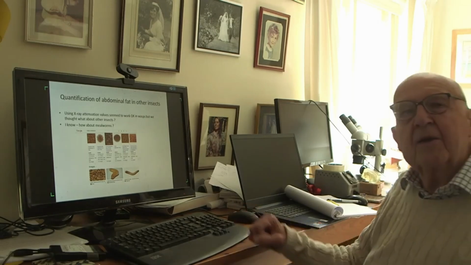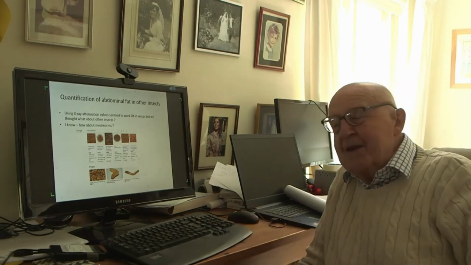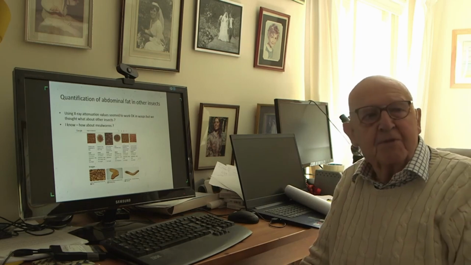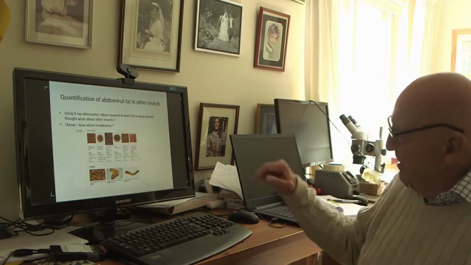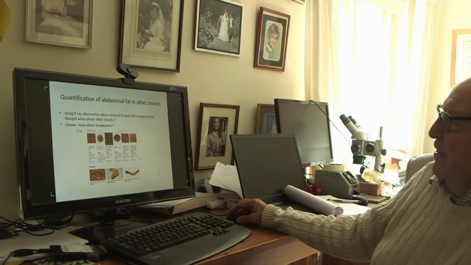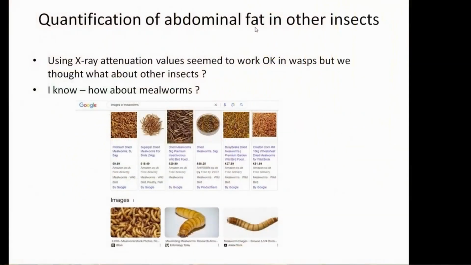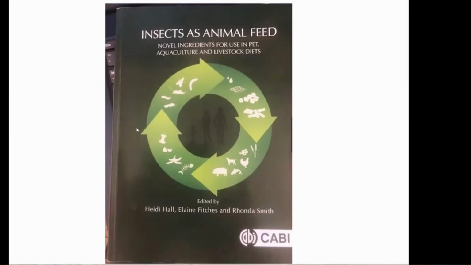Now it's all right looking at the fat content of wasps, but who's interested in the fat content of a wasp? We therefore thought possibly we should look at the abdominal contents of other insects, and decided to use mealworms, mainly because they of course are used quite a lot these days as a source of food.